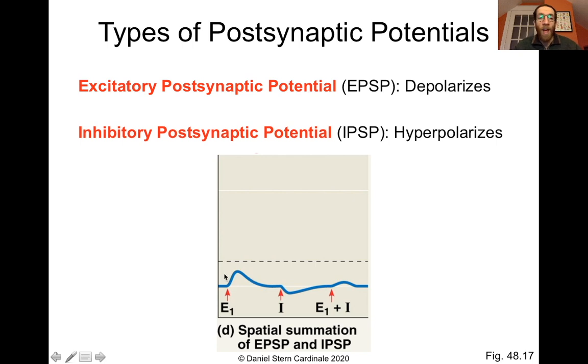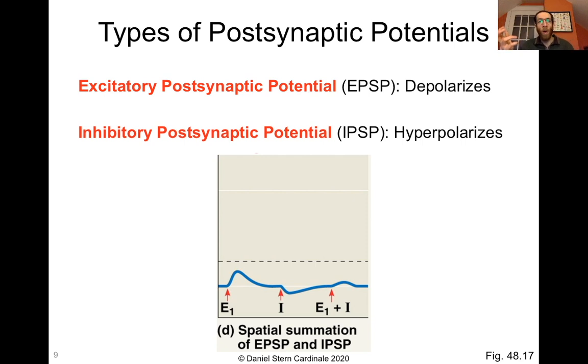But you can also have an inhibitory postsynaptic potential, or IPSP. This is going to hyperpolarize that postsynaptic membrane, moving the membrane potential further from the threshold. And we can see that right here. So we have an I for inhibitory, and that membrane hyperpolarizes as a result of that IPSP. Now, what we're going to get into here is how signals like this can interact, because a neuron is not just receiving one signal at a time.